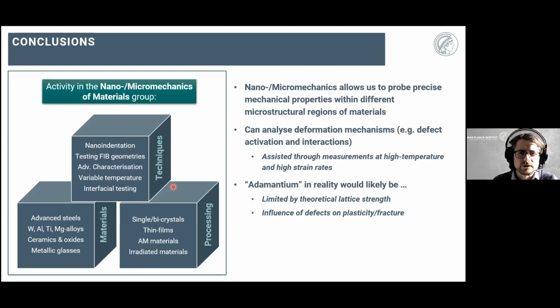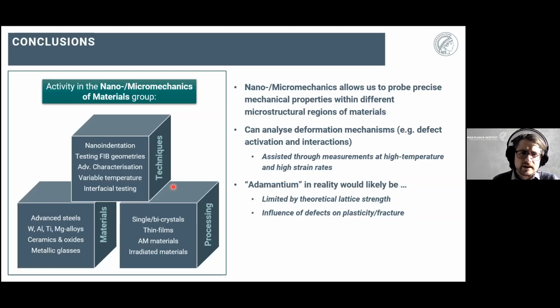So in terms of plasticity and also fracture, we can really dig into the fundamental mechanisms which affect that sort of failure and deformation. We can also use things like high or low temperatures to probe a little bit in terms of those mechanisms, because many of them are thermally activated, and we can try to understand that in greater detail.